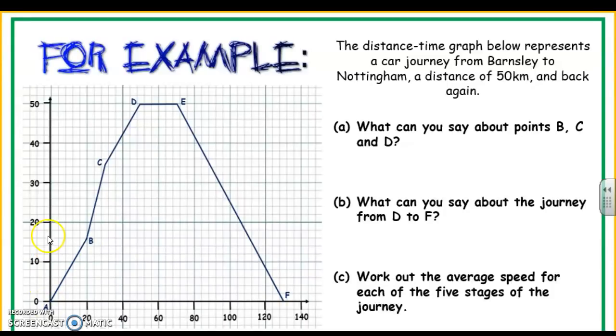So we're going up to 15. Let's see here. We've got 2, 4, 6, 8, 10. Okay, good. So we went up 12, 14, 16. So we're going up 16, and then we're going over 20. So the gradient there is going to be 16 over 20.